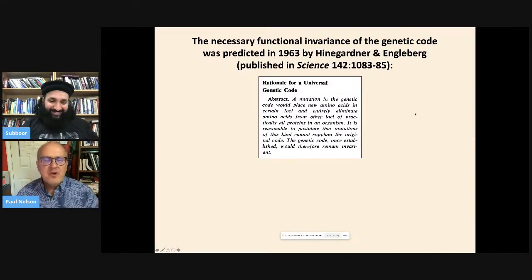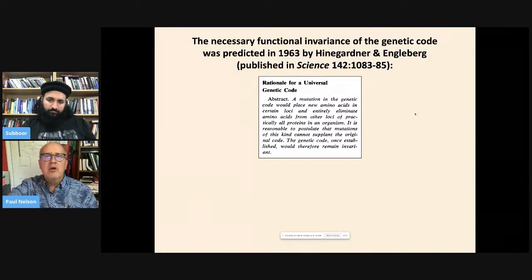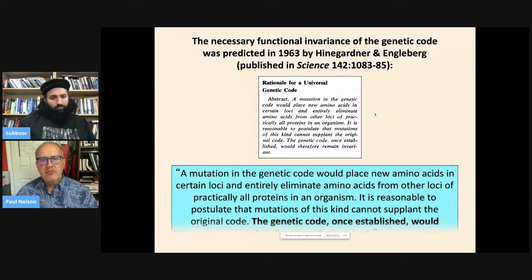Oh, wonderful. So this was actually predicted in the early 60s in the journal Science, prior to the elucidation of the code. It was already clear before the code was solved that if there was a code and universal common descent was true, the code would be universal.